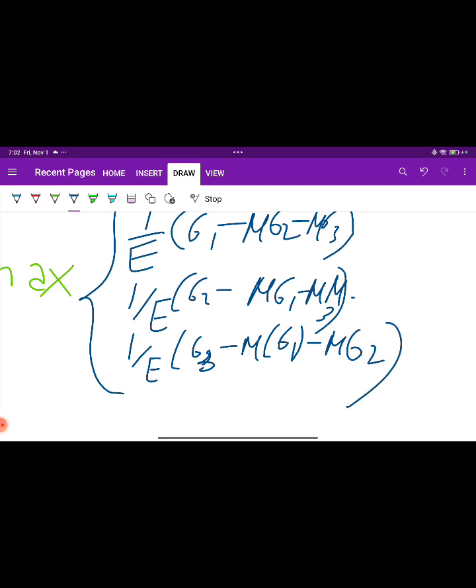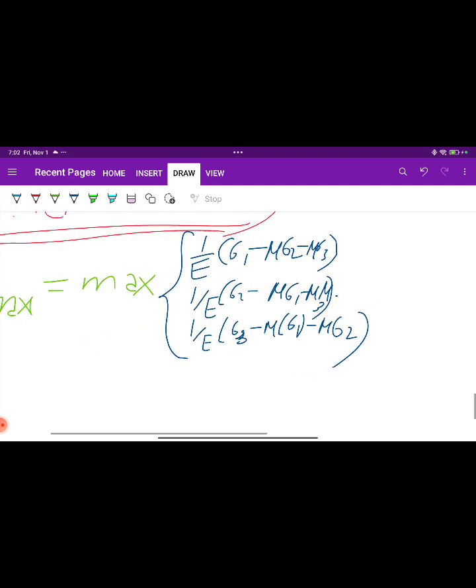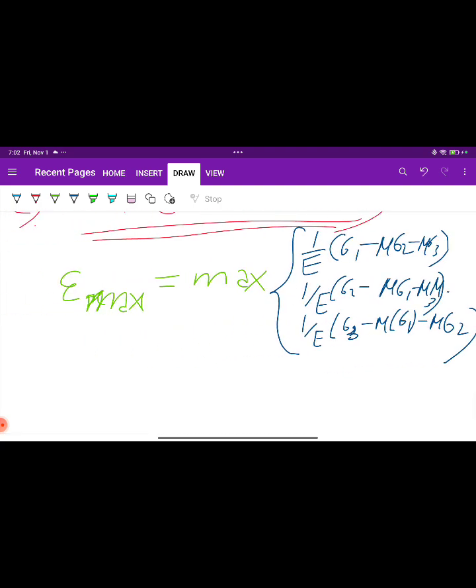So from the max of these three, we take the value, which will be equal to the max principal strain.